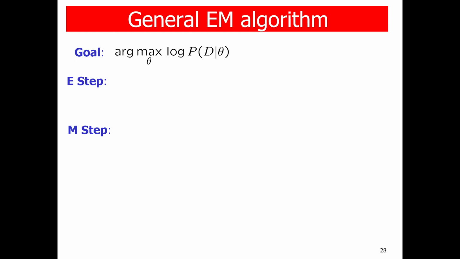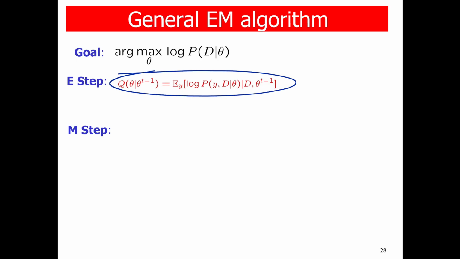It is an iterative algorithm where after the expectation step, we do a maximization step, and then we repeat this process, going back to the expectation step and then maximization steps again, and we do this till the algorithm converges. In the expectation or E step, we just create this function. This function is denoted by Q. It has two arguments, theta and theta at iteration t-1. Theta denotes the current parameters, and theta at t-1 denotes the parameters in the previous iteration at time step t-1.